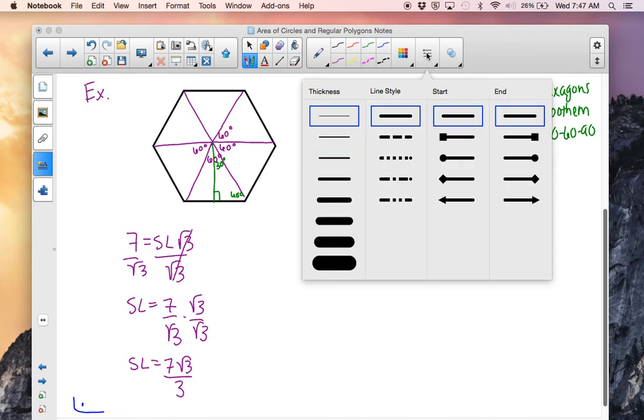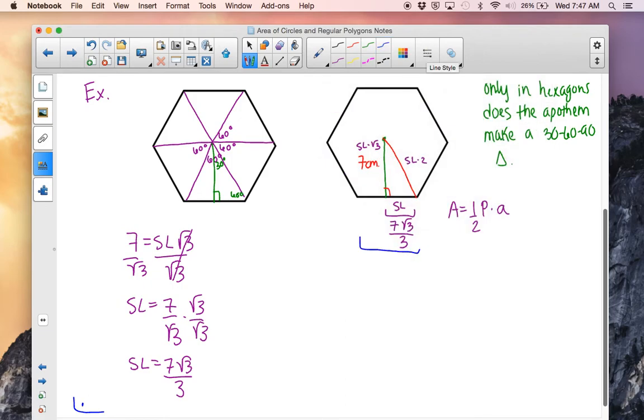And that means that this whole segment is twice that, so 7 root 3 over 3 plus 7 root 3 over 3 is 14 square root 3 over 3. And all of these measure 14 square root 3 over 3 because this is a regular hexagon. Okay, so I could fill in every single side here.